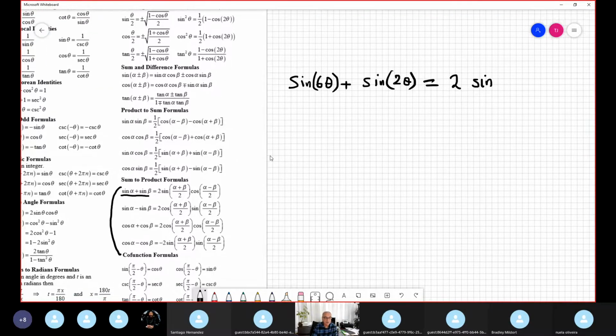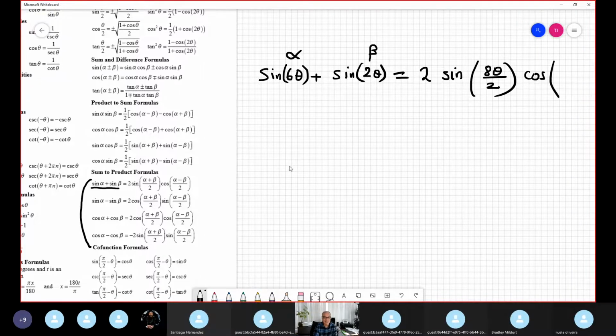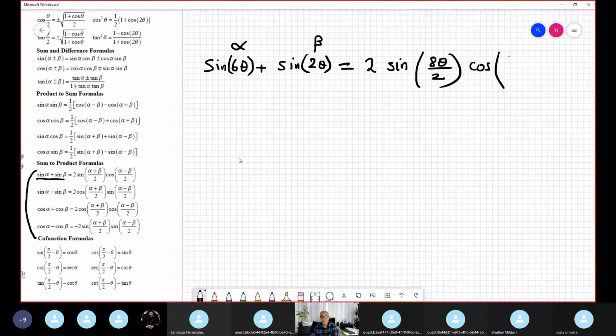In our specific example, this is alpha and this is beta. Therefore, we add: 6 plus 2 is 8 theta, divided by 2 is 4. Cosine of the subtraction, alpha minus beta, so 6 minus 2 is 4, divided by 2.